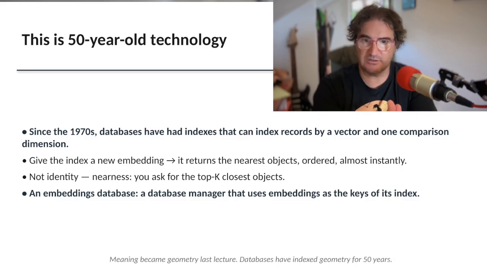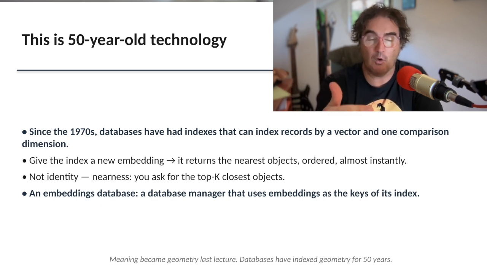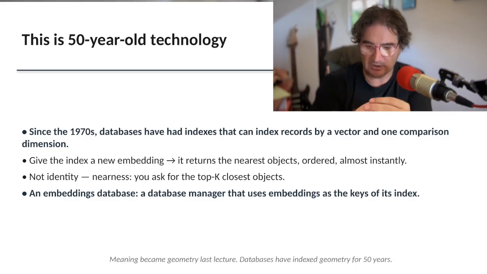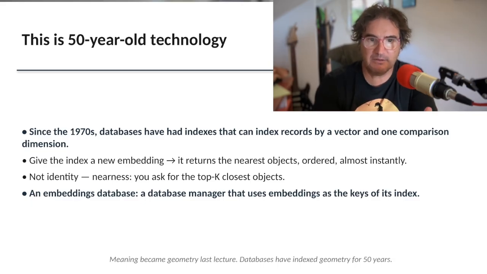So if we have, for instance, cosine similarity, and one set of embeddings, we can index these embeddings, and then with a reliable algorithm, almost instantly, with a really fast response, you provide it with a new embedding, and it will provide you with the nearest objects ordered by the distance, the closest first, and the next one. So this allows us to create what we call an embeddings database, which is a database manager that uses embeddings as the keys for the index.